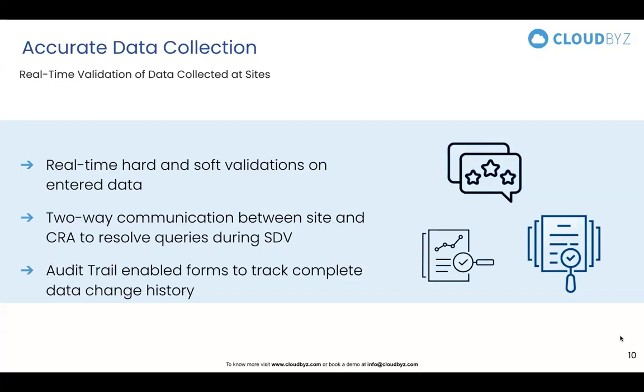So a robust EDC system should be able to prevent a lot of that right at the point of entry, where the sites are collecting the data. Forms should have inbuilt hard and soft edit checks that catch the errors and alert the data collection users right at the time they are making the mistakes.